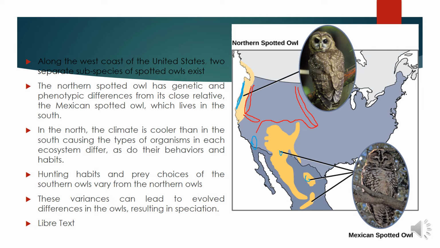Each of them has developed certain altered frequencies of their alleles, as a result of which they no longer interbreed. And as a result of this no longer interbreeding, that is reproductive isolation, they have developed into new species, or rather, they are actually developing into new species of owl.